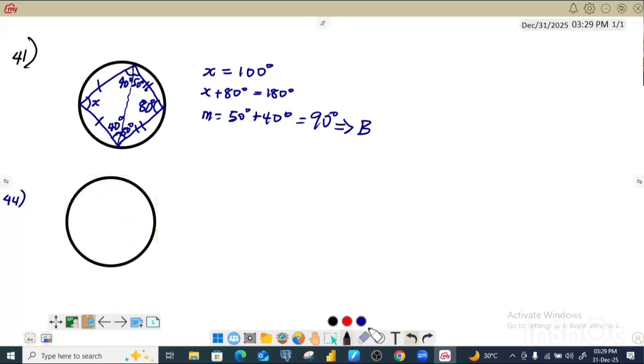In this one, we have a tangent. For this tangent, it is labeled as Q, and P is at this point.